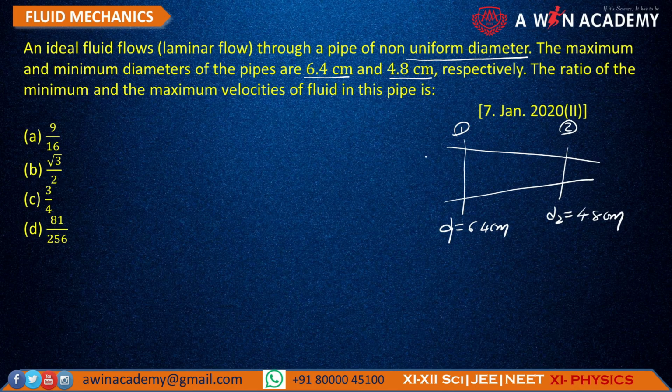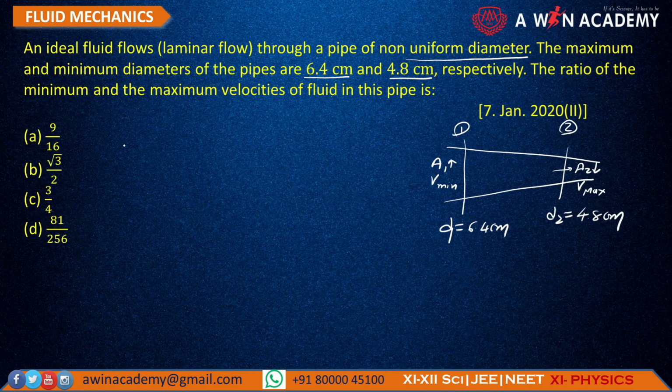Now according to continuity equation and Bernoulli equation, we know that A1 is more area, so here velocity is minimum, and here area A2 is less, so at section 2 velocity of liquid is maximum.